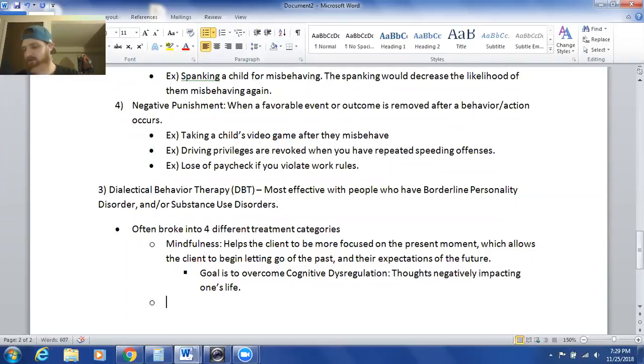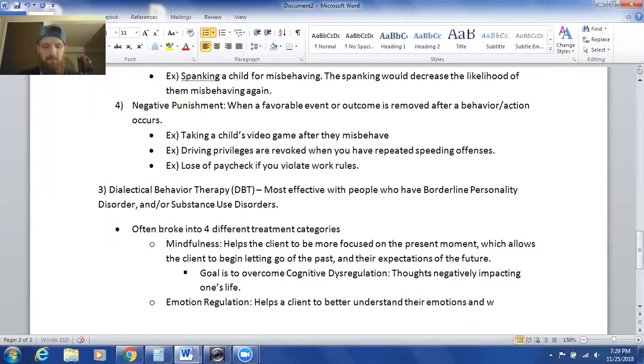So then, which leads us into the second one, emotion regulation, which helps a client to better understand their emotions and where and why they occur.